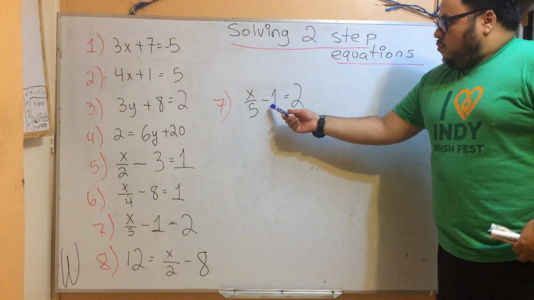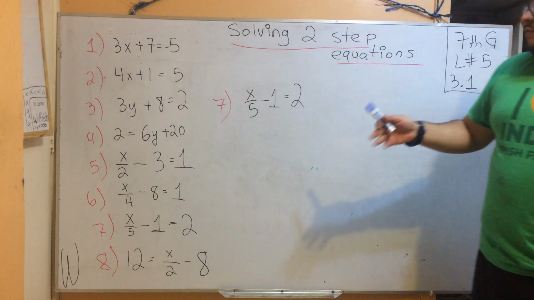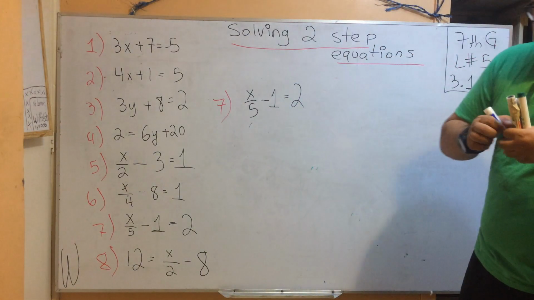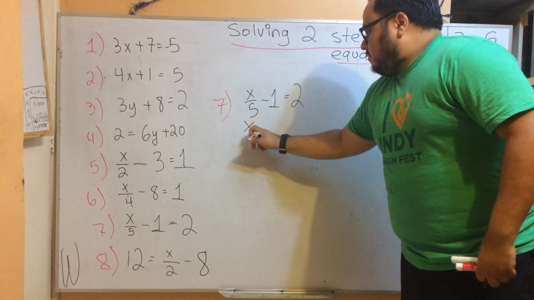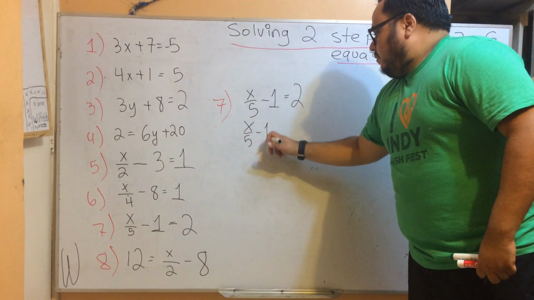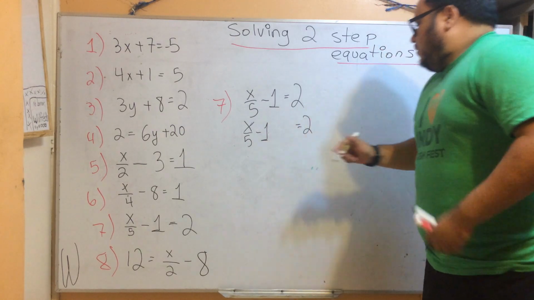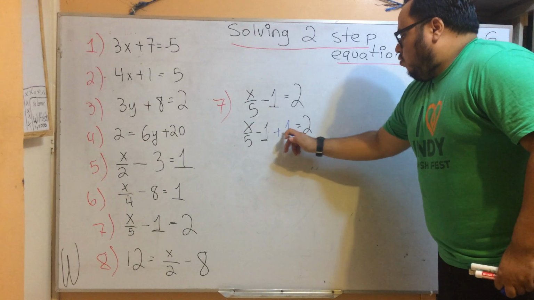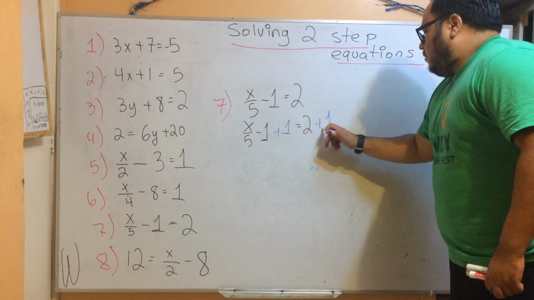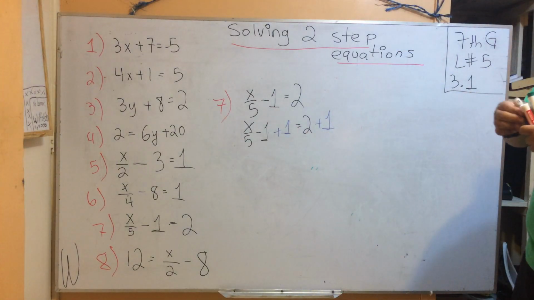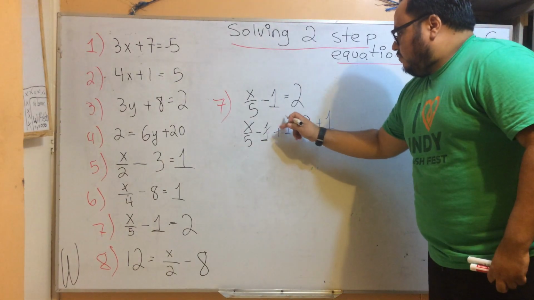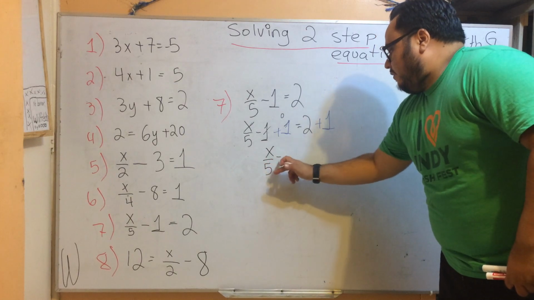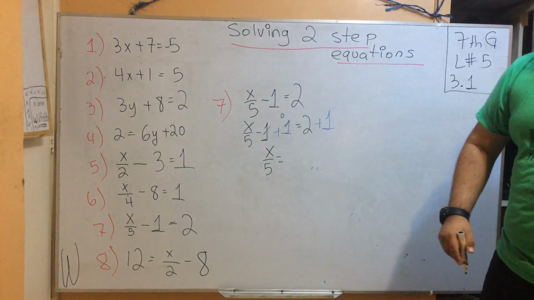Here, we are subtracting. So, how do we cancel? We add. Okay, so let's leave some space. x divided by 5 minus 1 equals 2. So, we add 1 on both sides. That way, we cancel this. It becomes 0. And then we have x divided by 5 equals 2 plus 1, 3, right?